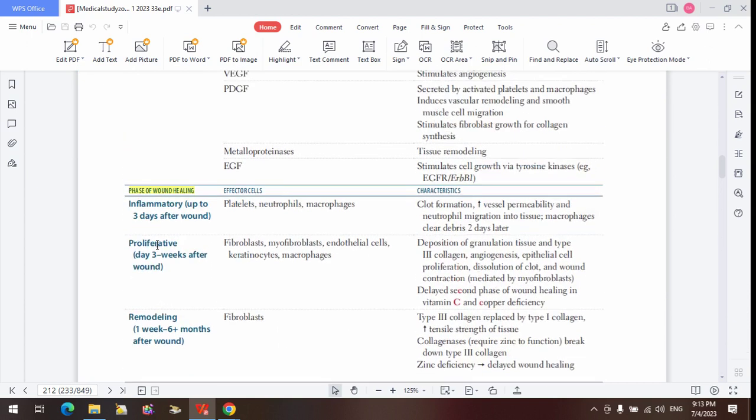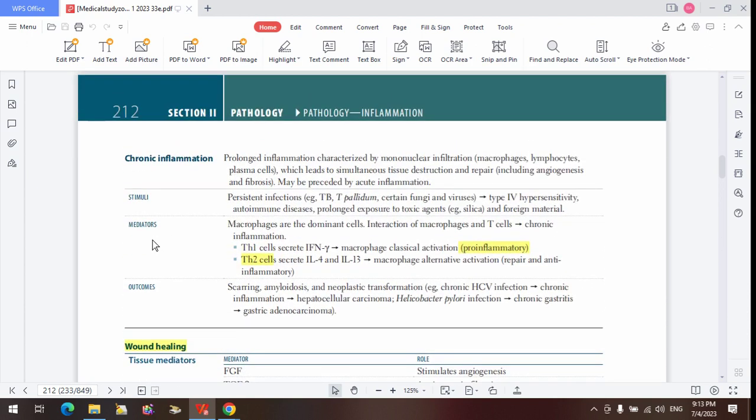Mr. Babangwe, I have a question. Okay, Dr. Zulia. My question is, we know that the Th1 cells secrete interferon gamma and activate the classical activation. Maybe it's that classical activation that I don't understand, because I know that when we were following the classical pathway, immunoglobulin M and immunoglobulin G are involved.